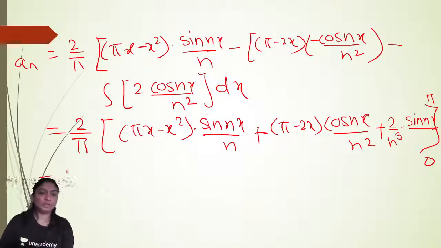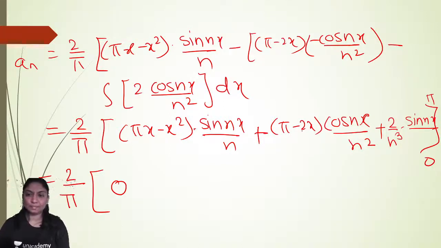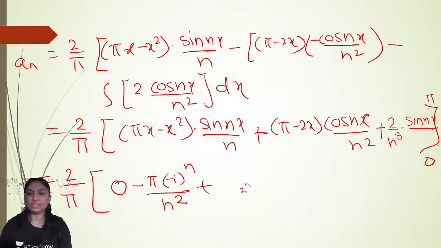So just put the values. 2 by pi, here pi square minus pi square is 0, plus pi minus 2 pi and cos n pi. Cos n pi is minus 1 raised to n. So here you will get pi minus 2 pi, that is minus pi, minus pi into minus 1 raised to n upon n square, plus 2 by n cube into sin n pi, which is 0. So again 0.